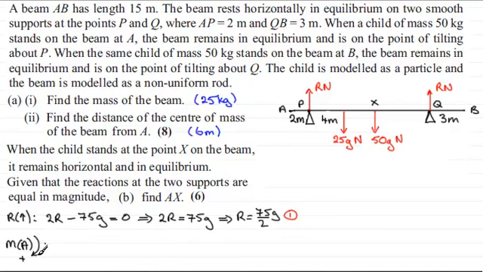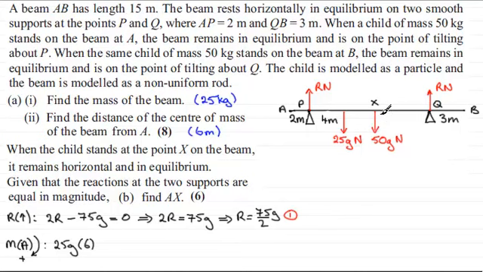So taking clockwise as positive, these two forces here acting downwards will want to turn the beam clockwise about A. So we'll have the moment first of all of the weight here, so that would be the force, which is 25g, and we multiply that by the distance from here back to A. So that's going to be a total distance of 6, so we've got 25g times 6.